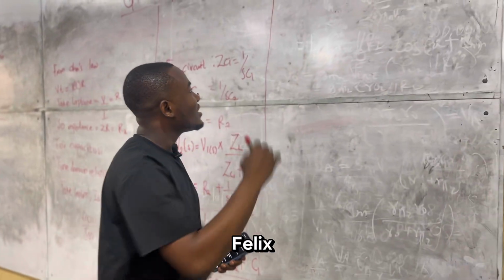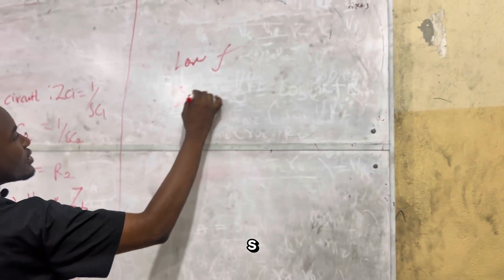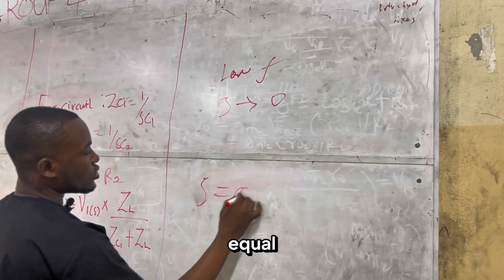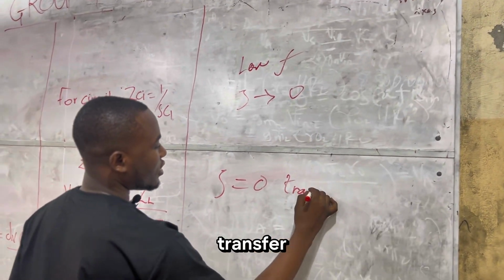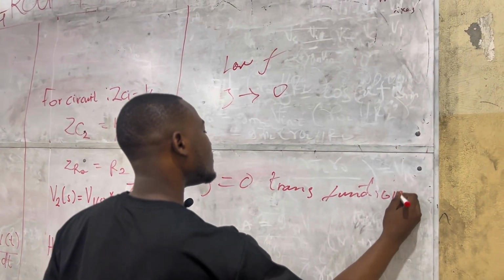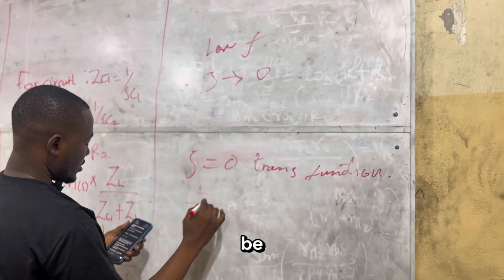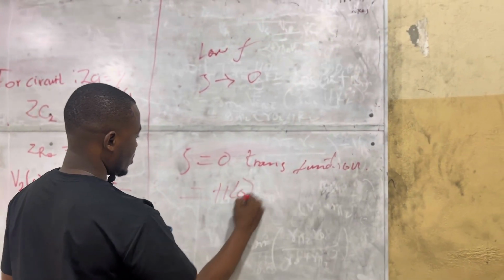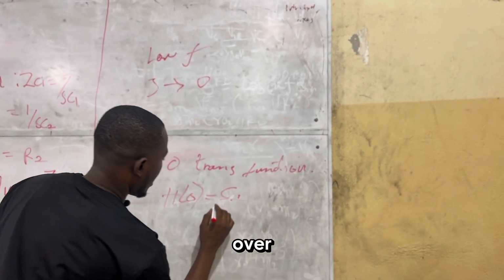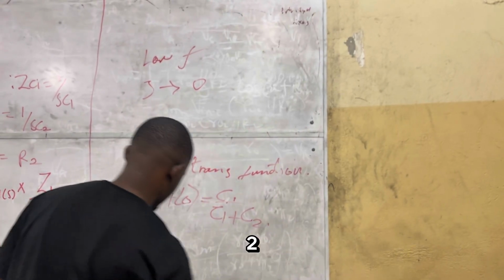I'm Azuri Felix. I'll be talking about low frequency, when S approaches zero. When S is equal to zero in the transfer function, the outcome will be H equal to capacitor 1 over capacitor 1 plus capacitor 2.